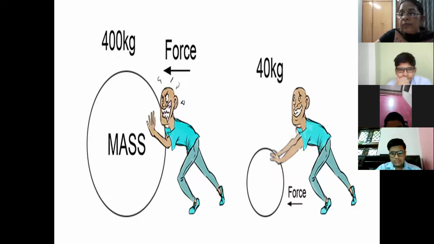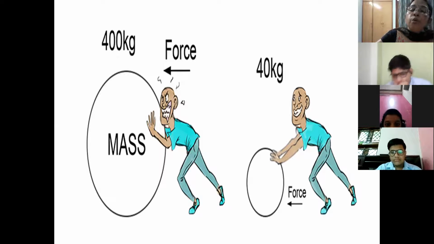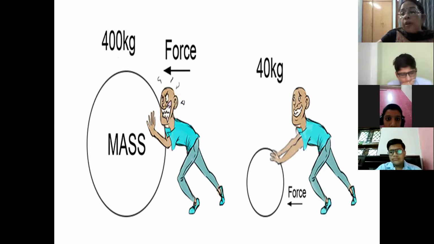And the person pushing a ball of 40 kg, the same person, has to apply less force to push it. Because the mass is inversely proportional to acceleration. If the mass is more, the acceleration is less, because you have to apply more force to change its position.